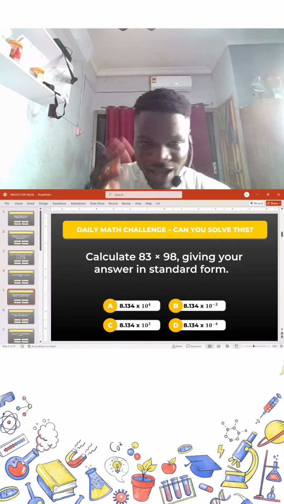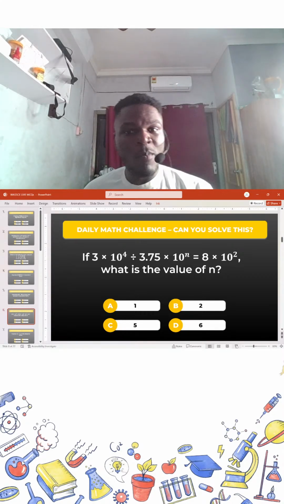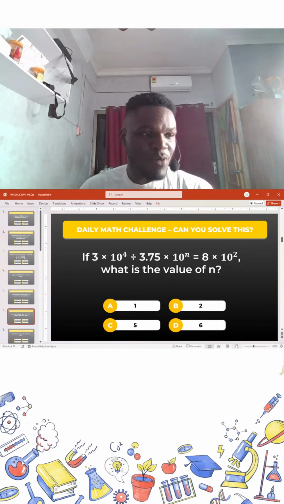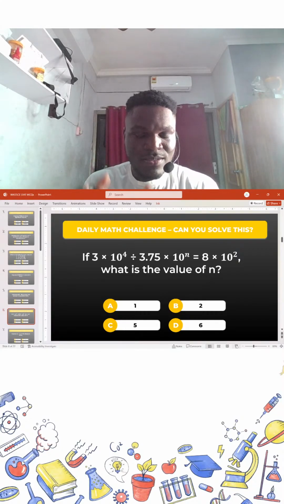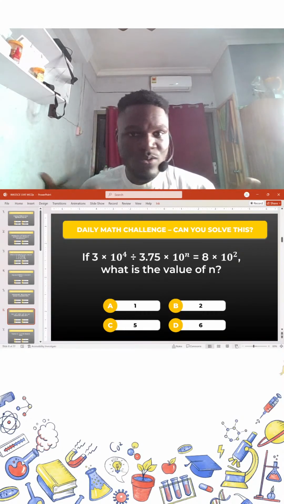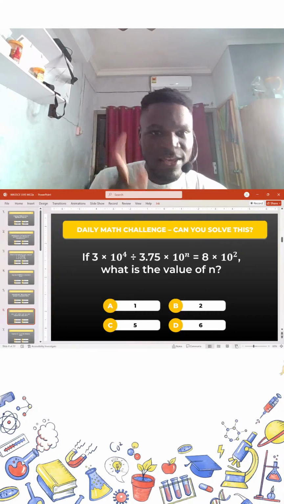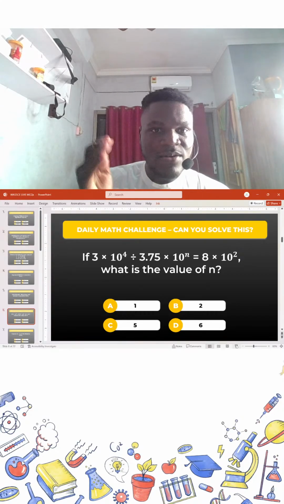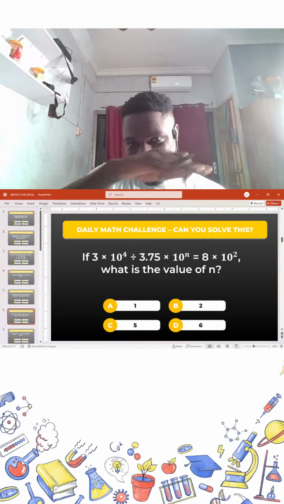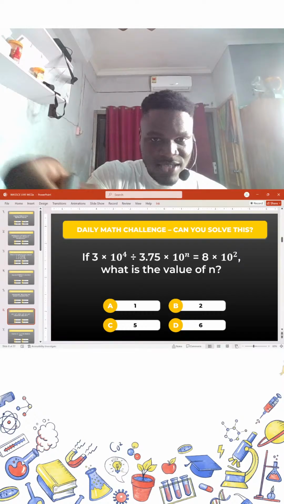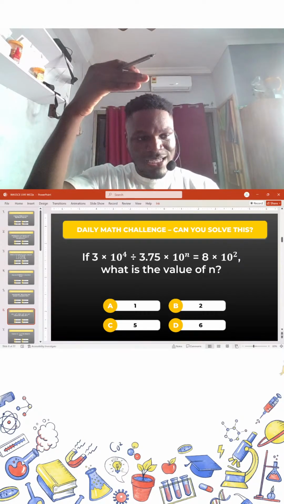All right, so now that we have the solution to that problem, let's move on to the next one. The more we go, the more sophisticated the problems become. Because of how I placed this question, I'm going to say it out loud so that you know how the question is. We have 3 times 10 raised to the power 4 as the numerator, divided by, even though I have a division sign written over here, it's supposed to be a ratio, one at the numerator, one at the denominator.